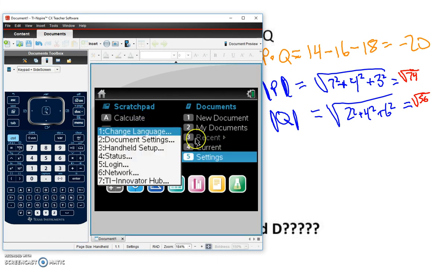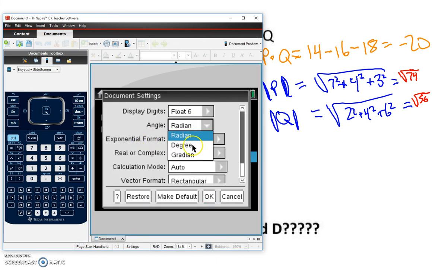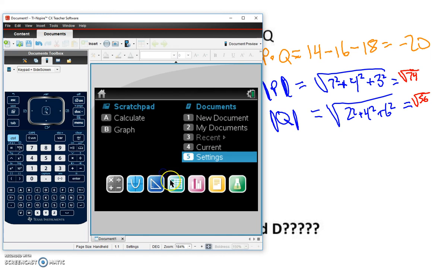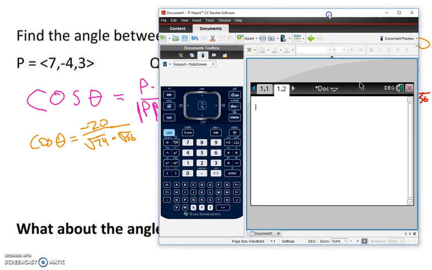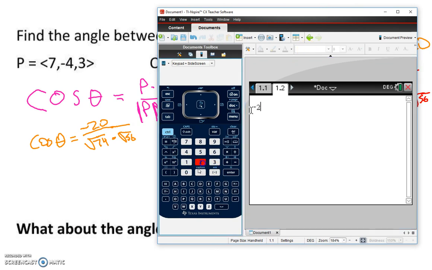Okay, let's change this to degrees. Bam. Alright. So you're going to be like, alright, cool. Let me put that in the calculator. Negative 20 divided by, oh man, I didn't even make a fraction. There we go. Divided by the square root of 74 times the square root of 56.